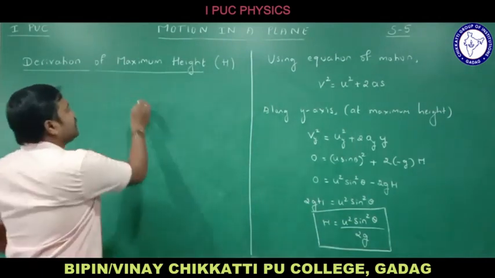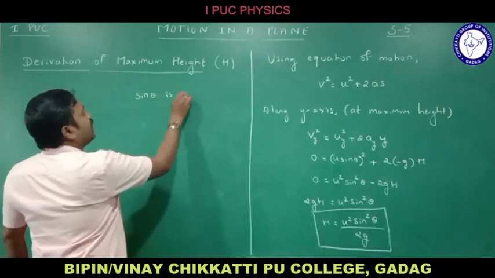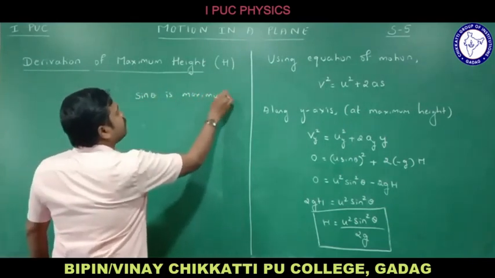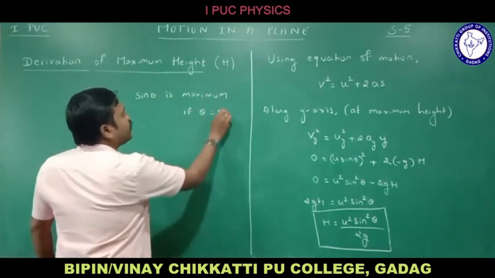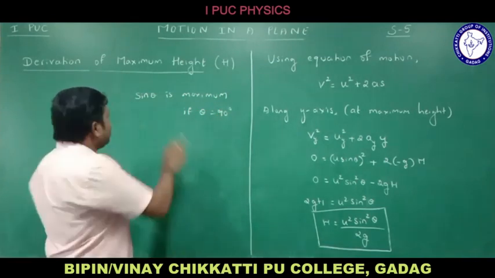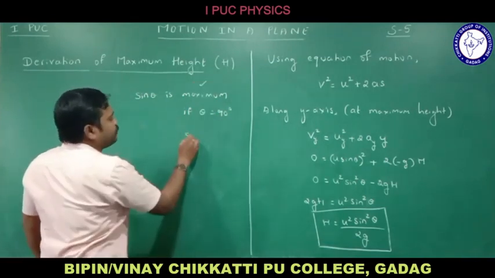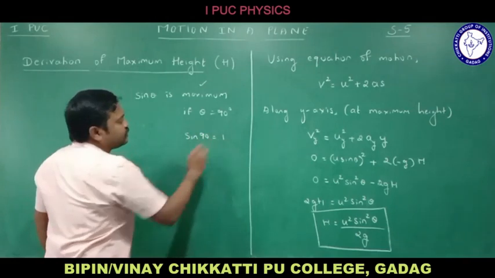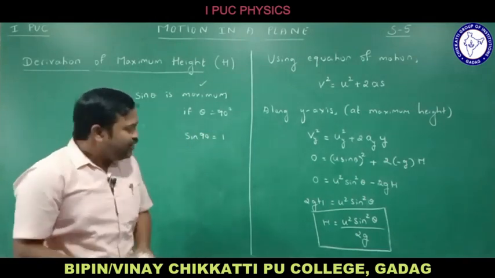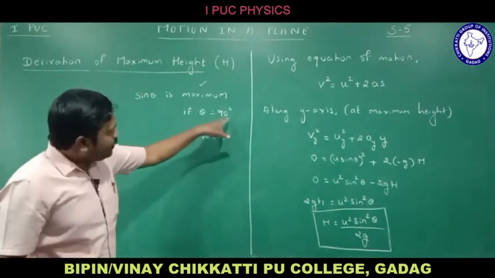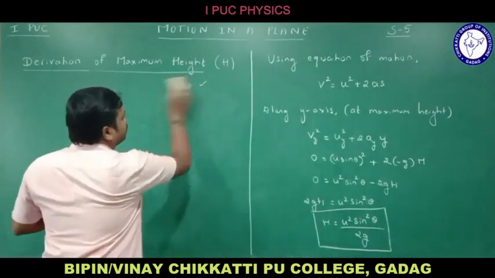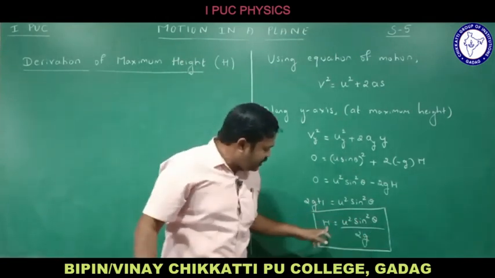Sine theta. When is sine theta maximum? Sine theta is maximum if theta is equal to 90 degree, because sine 90 is 1, right?